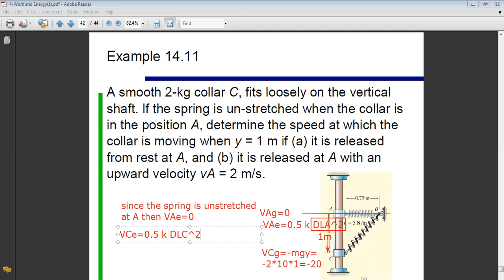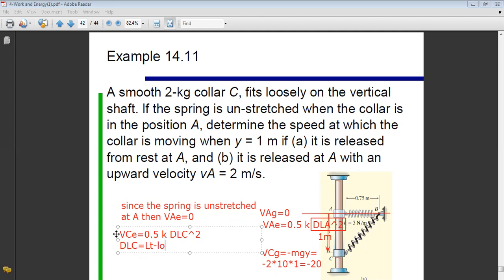And what is delta LC? Delta L at C is equal to the total length of the spring minus L0, which is the unstretched length.